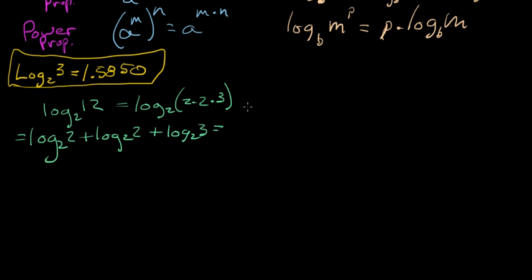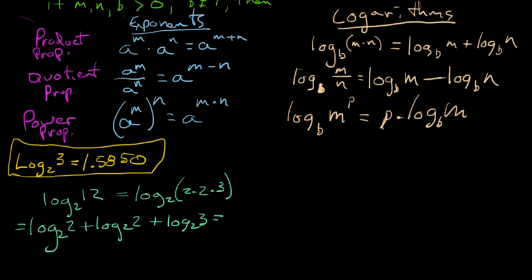Because what I did now is I just did the reverse of the product property. Remember I said you can go back and forth with this. If you have log b of m times n, in this case we got 3 of them, then that's equal to log base b of m plus log base b of n, etc.